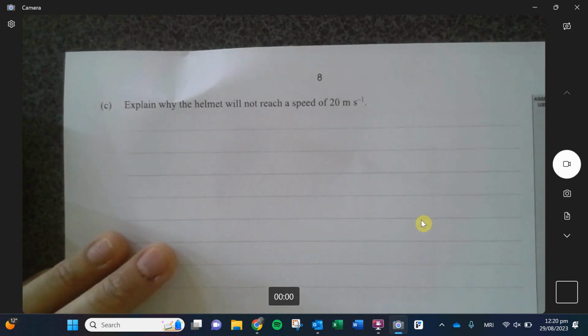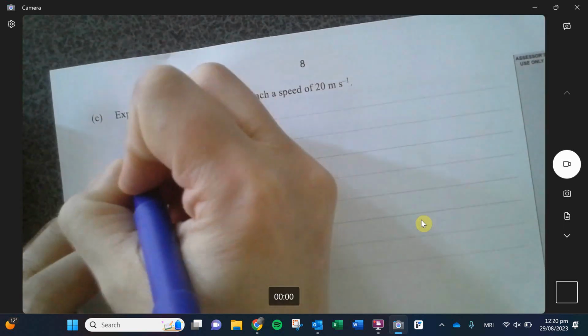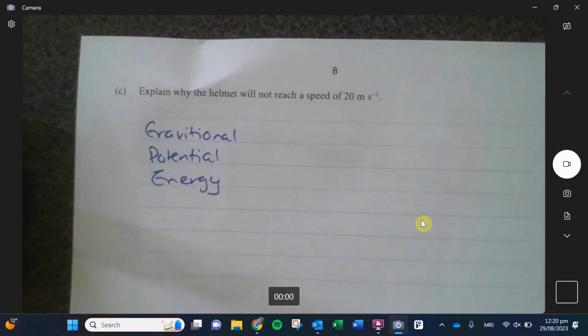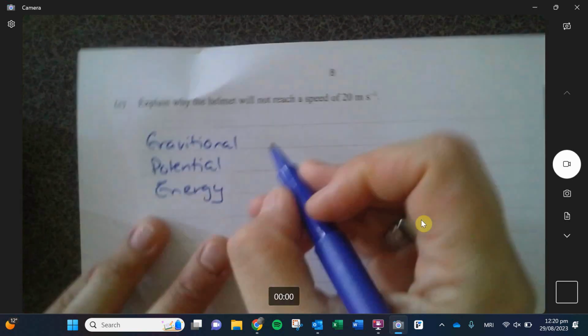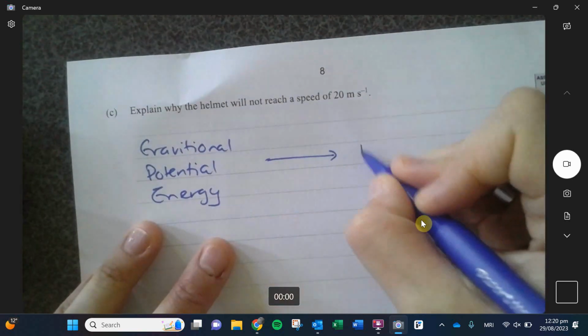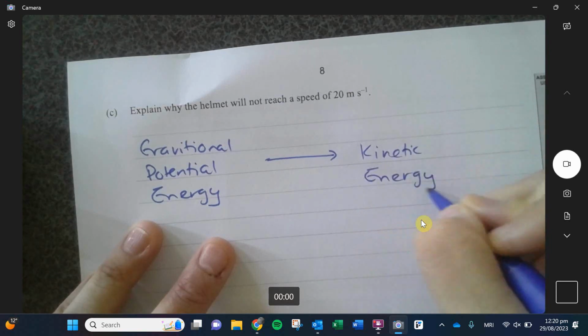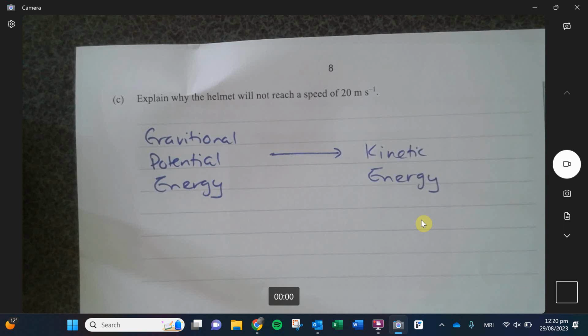What happens is when this helmet is falling, we have gravitational potential energy, and that's going to get converted into kinetic energy, so that it's moving. That's why when I drop things, things start moving.